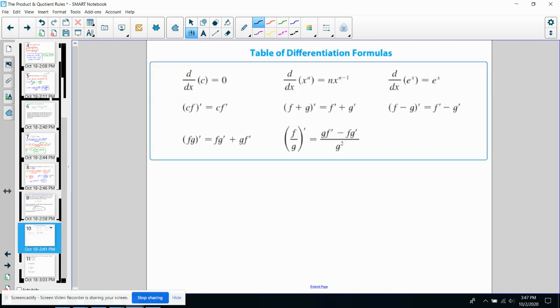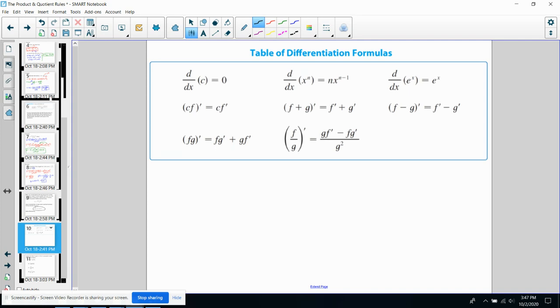So the last thing we're just going to look at is this table of differentiation formulas. These are things that we talked about already, but it's kind of summed up nicely. So if you wanted to, write this out somewhere. Basically, the derivative of a constant is 0. If you have a constant times a function and you're taking the derivative, it's just the constant on the outside times the derivative.